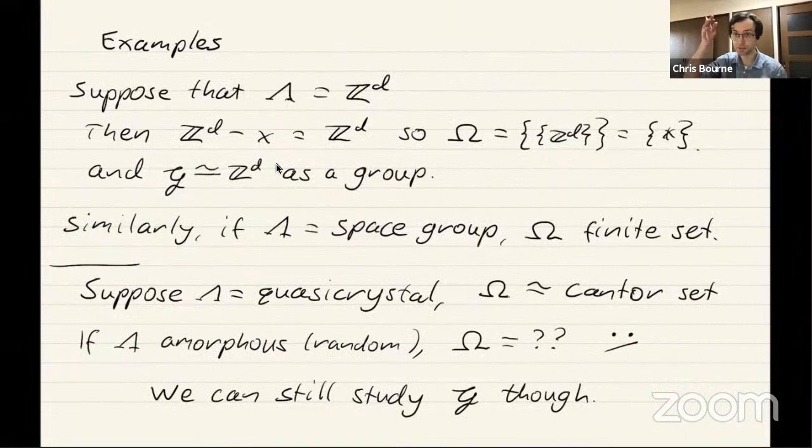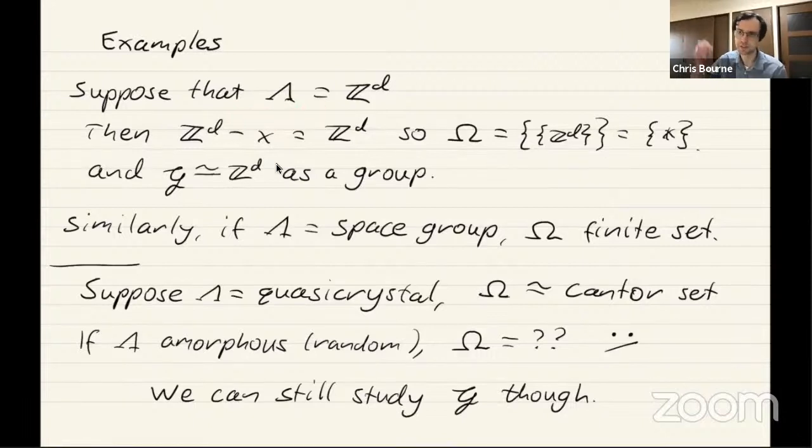So what are some examples of these Delone type groupoids? Let's first consider the case where you have the simple periodic set, the lattice, which is actually just the usual integer lattice. If we were to build this set omega, then we look at points of this set Z^d minus X, where X is in Z^d.